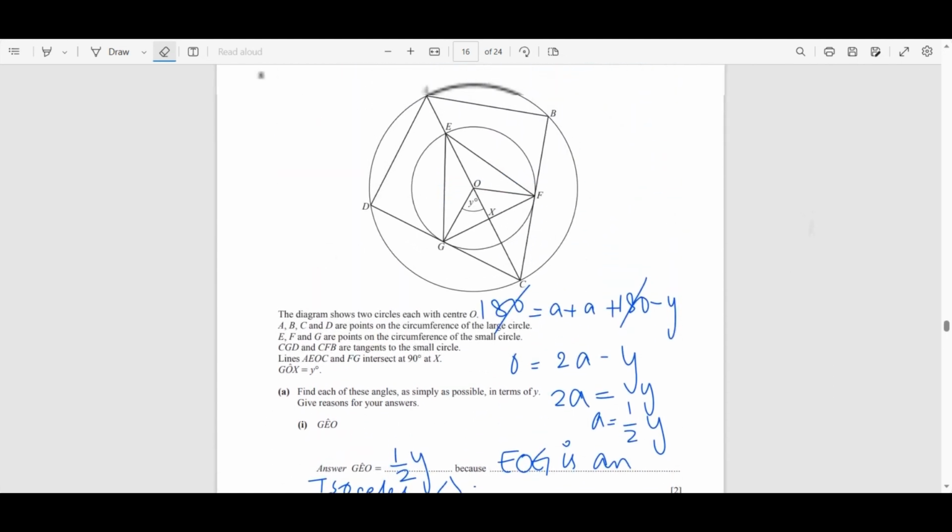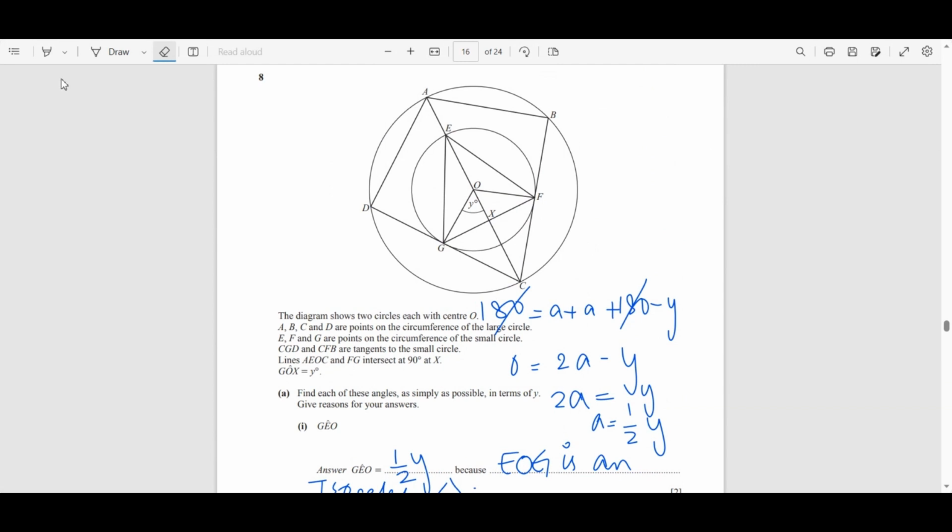GCX. So this is G, this is C, and this is X. So let me just write it down. Okay, so using this triangle, I don't think it's going to be a suitable choice.